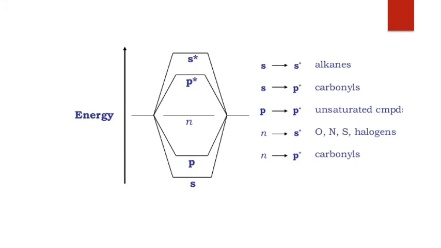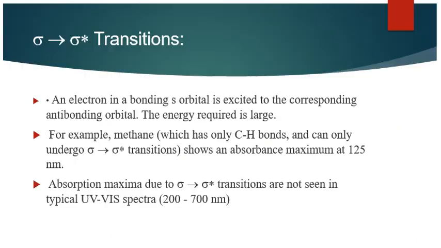That means there would be a decrease in the energy of the electrons in these molecular orbitals compared to when they were present in their atomic orbitals. In the case of anti-bonding molecular orbitals, there is an increase in energy, and hence the stability of the molecule is decreased. In the case of non-bonding molecular orbitals, when these are formed, there is no change in the energy of electrons, so these do not affect the stability of the molecule.